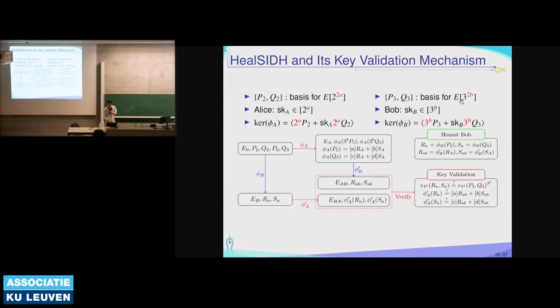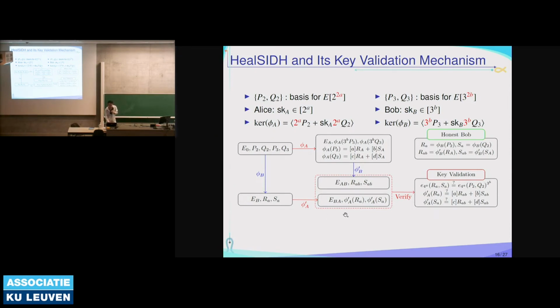And the basis for Bob is 2^(2B) here now. But Alice's secret key is still between 0 and 2^A minus 1, and it's the same for Bob. And the kernel now has the special form 2^A P2 plus SK_A 2^A Q2.